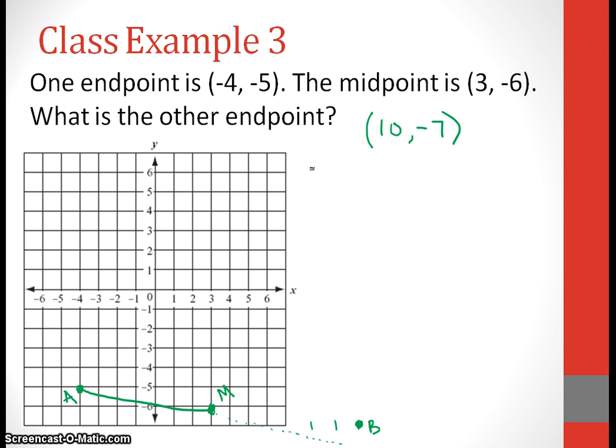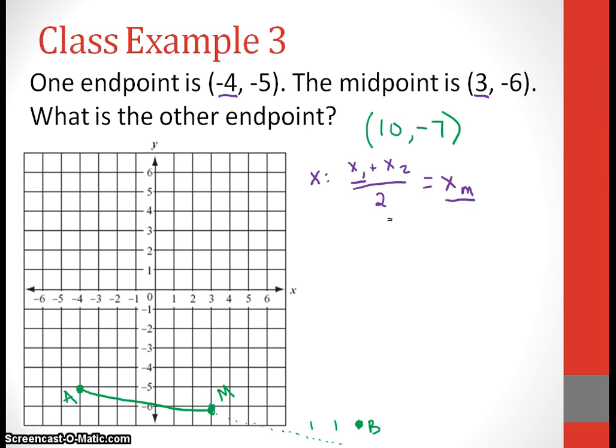If I wanted to find the x term, I would need to take my two x values, add them together, and divide by 2. And that would equal the x of my midpoint, right? This would be x of my first point plus x of my second point, divided by 2, equals x of my midpoint. In this case, they give us one of these pieces, and they give us this piece.